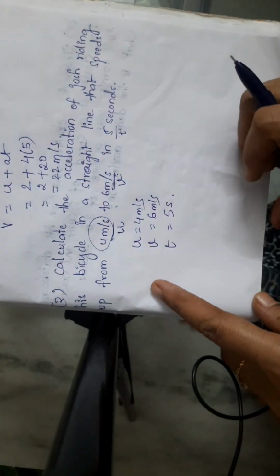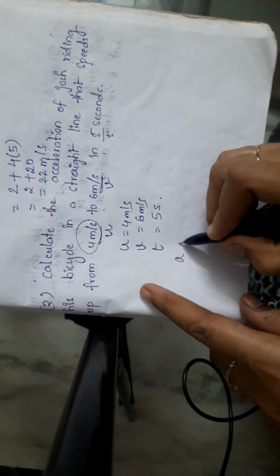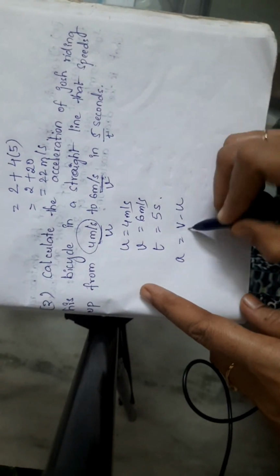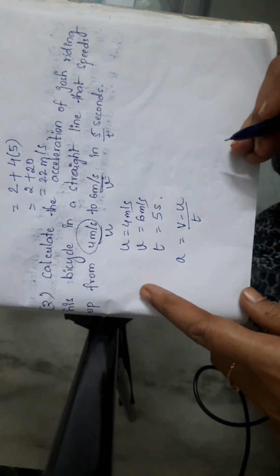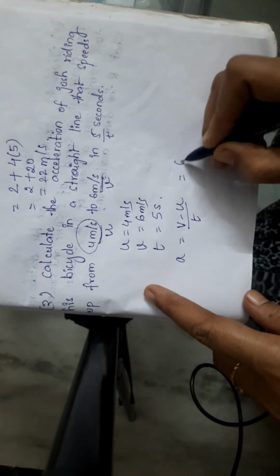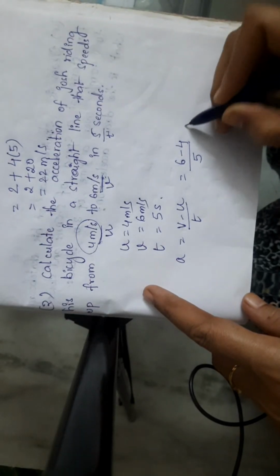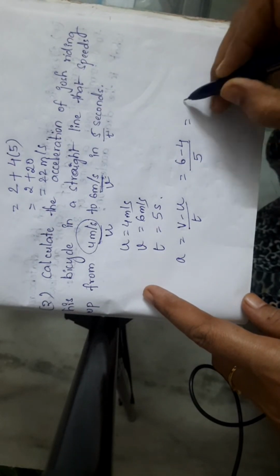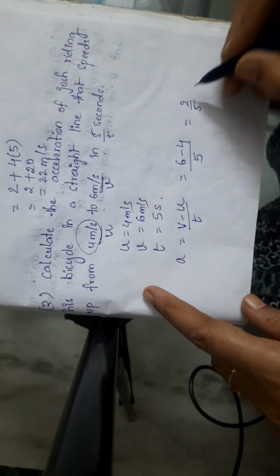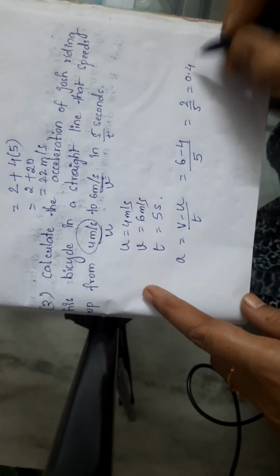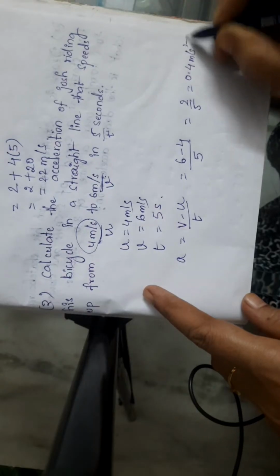We need to find out acceleration. It's quite easy. It's v minus u by t. Here v is 6, u is 4, time is 5. 6 minus 4 is 2, divided by 5 is 0.4 meter per second square.